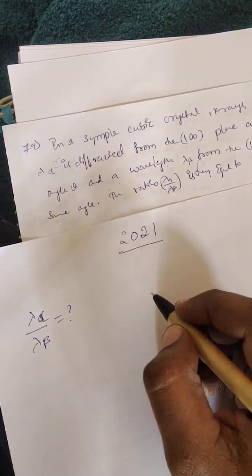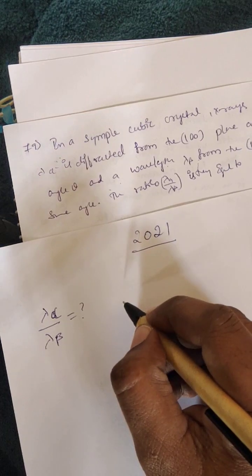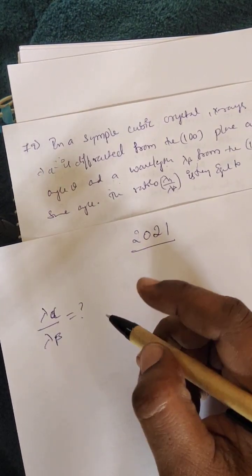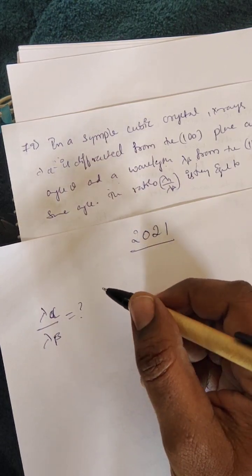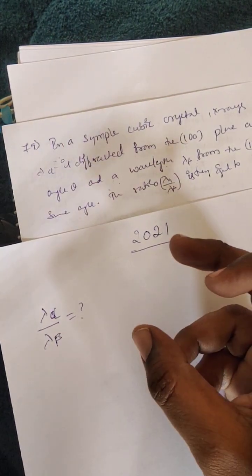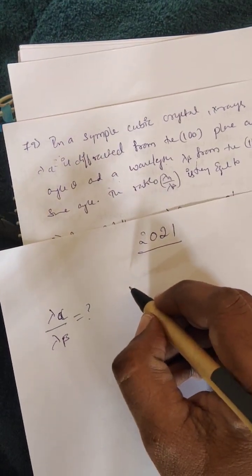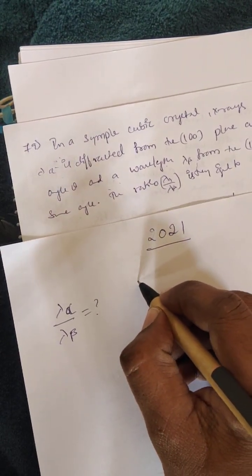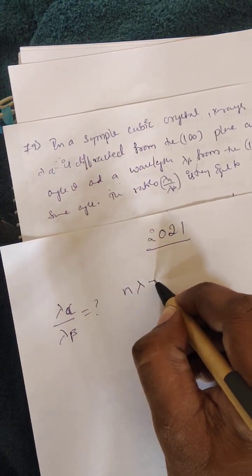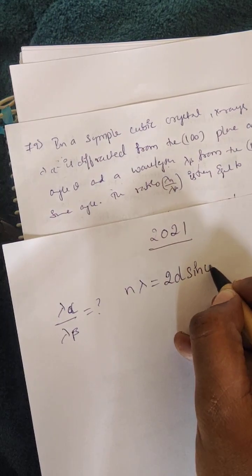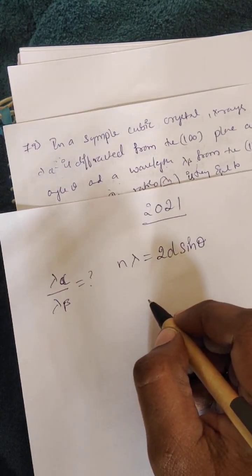So in CMP we know that to find the incident wavelength of a given sample, and also the interplanar spacing and lattice constant, we have a formula. That is by Bragg's diffraction method, n lambda is equal to 2d sin theta, right?